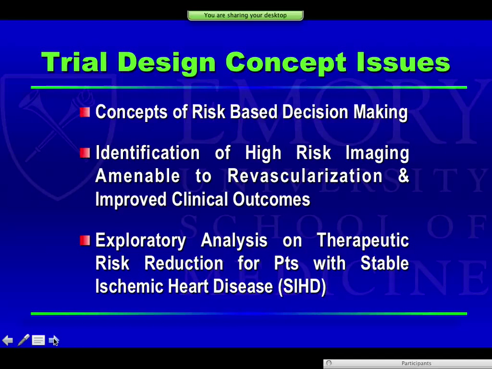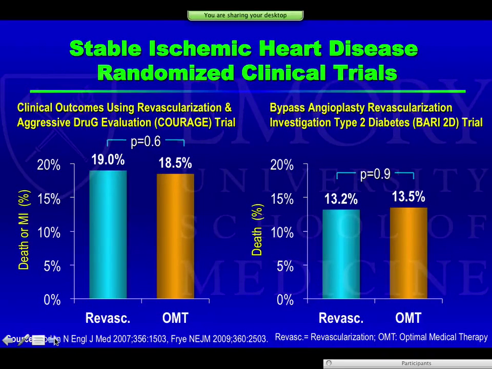And then I am going to touch on some of the exploratory evidence that is available on therapeutic risk reduction.